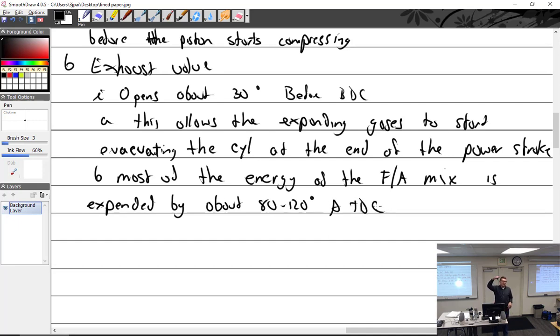So top dead center, we've compressed it, we're on the power stroke, it starts at the top, the bottom is 180 degrees, so by about 80 to 120 degrees, all the energy pushing down on that cylinder is expended. No more energy left. All you've done is bottled up that hot air, right?